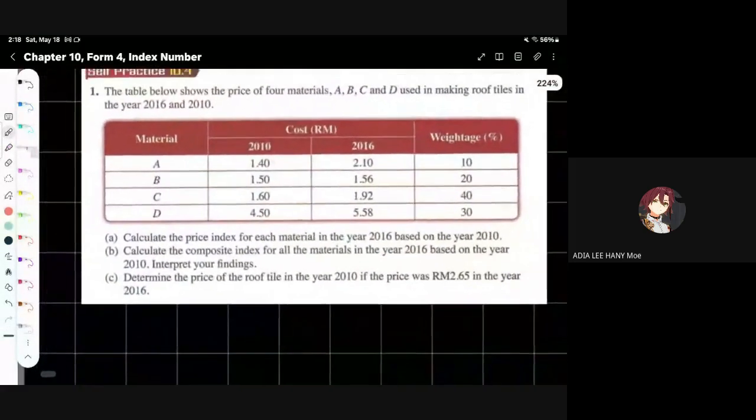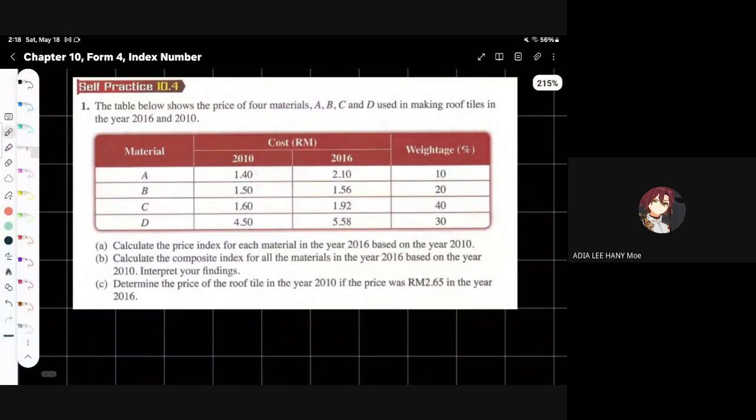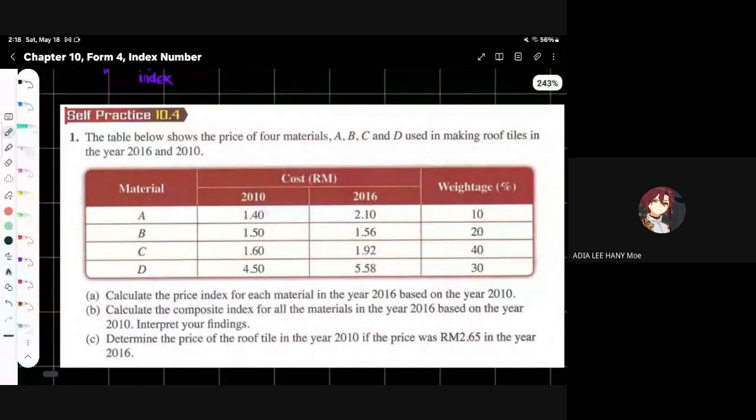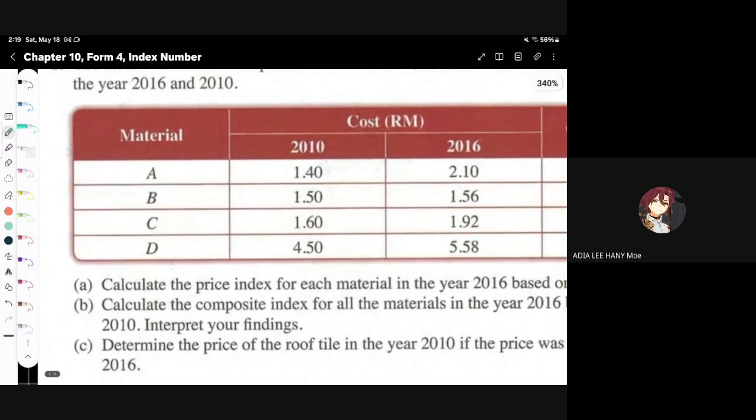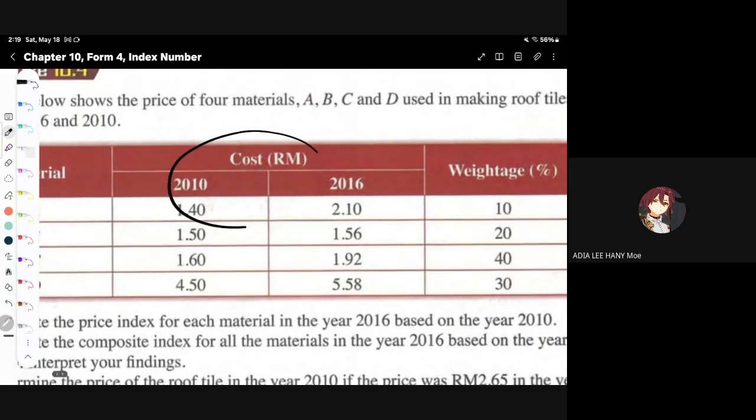So this is the example question that they always give. They say the table below shows the price of materials in the year 2016 and 2010. They give you four materials, and they give you cost. What is cost? Is it I, is it Q, or is it I dash?